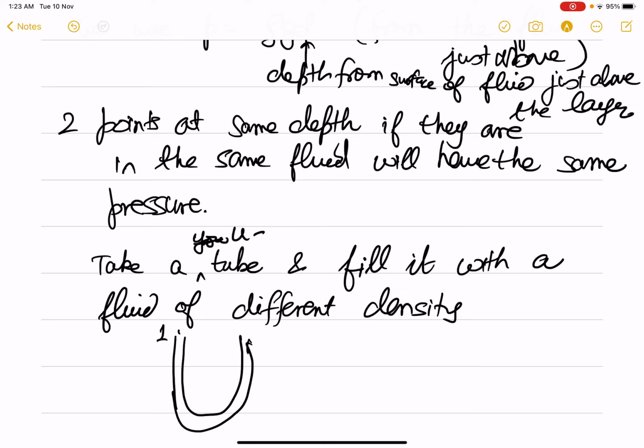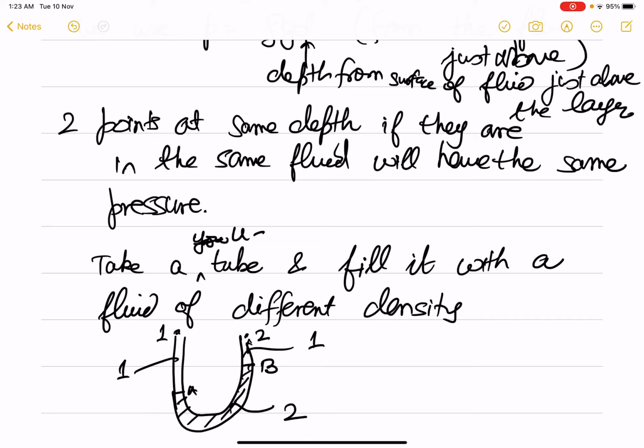Now if on the left hand the pressure is P1, on the right hand the pressure is P2, and they are not equal, then if this is the fluid of different density, now if we mark these points as A and B, and let us say this is fluid 1 here, and this different fluid is fluid 2. Now these fluids should be distinctly visible from each other.